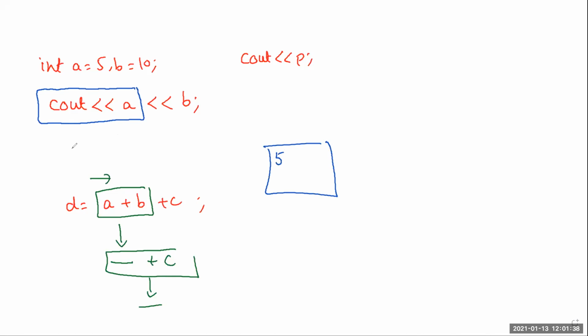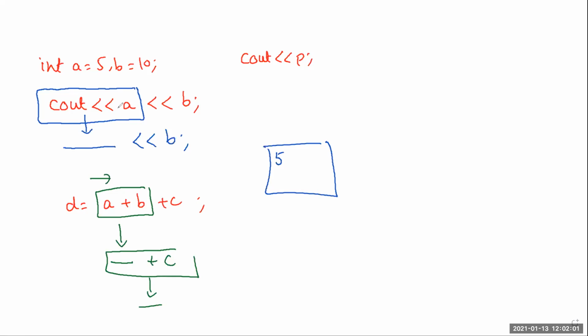Then it must return something so that the rest can be executed, because the leftover part is this symbol and B. So you should think, what should it return so that it becomes a legal statement?